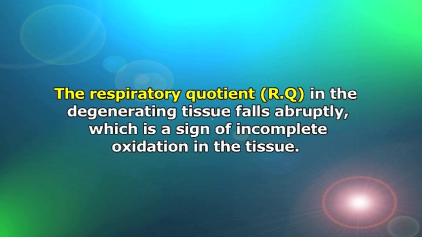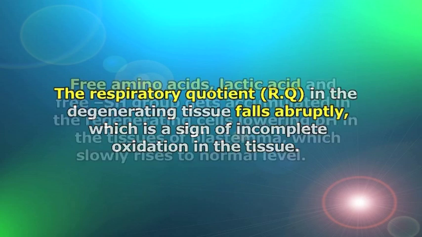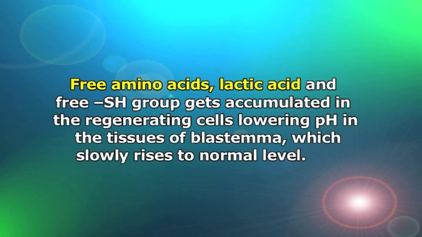The respiratory quotient, that is RQ, in the degenerating tissue falls abruptly, which is a sign of incomplete oxidation in the tissue. Free amino acids, lactic acid and free SH groups get accumulated in the regenerating cells, lowering pH in the tissues of the blastema, which slowly rises to normal level.